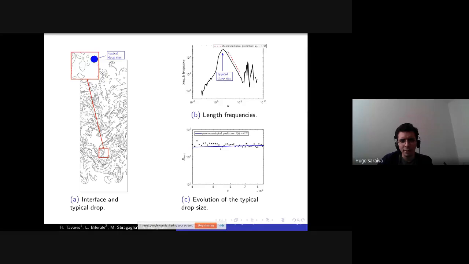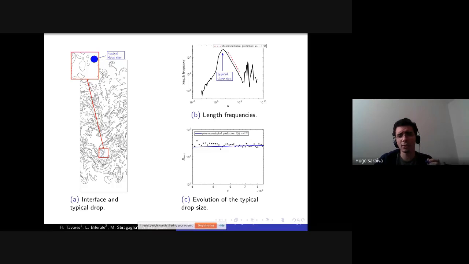Numerically, in terms of numerical experiments, to investigate the statistics about typical drop size, first we extended the notion of typical drop size to investigate what is the most typical curvature radius of the system. For example, in picture A, we have part of the interface. And for every point of the interface, you can imagine the interface as a big polygonal line with many components. For every point of the interface, you can associate a curvature, taking the 3 adjacent points.